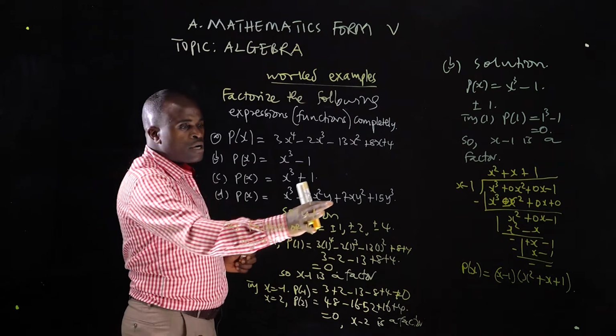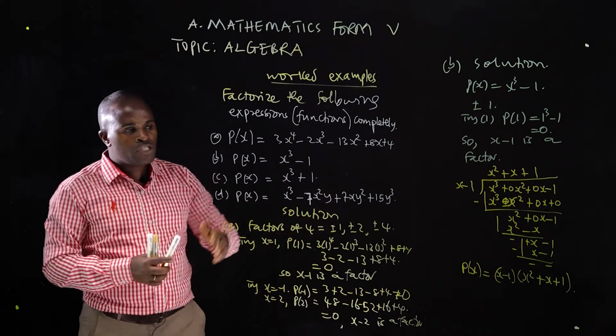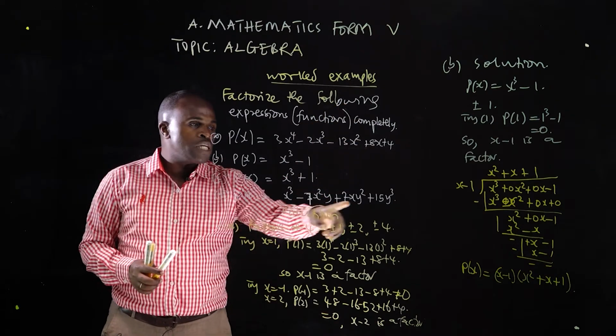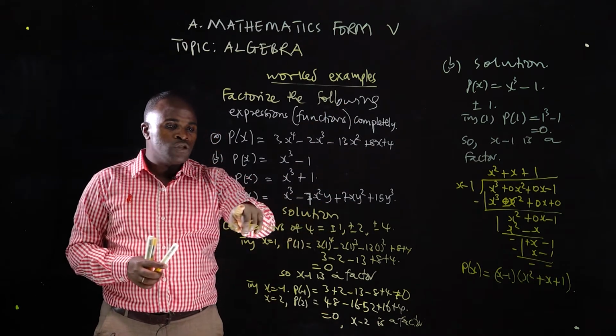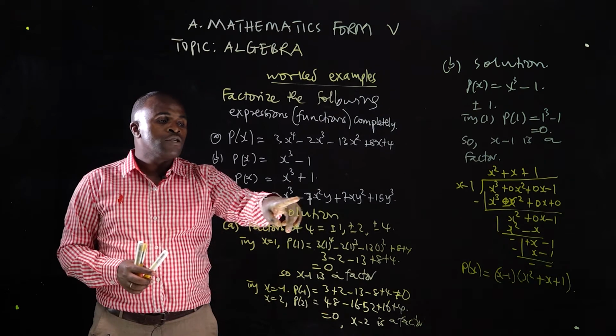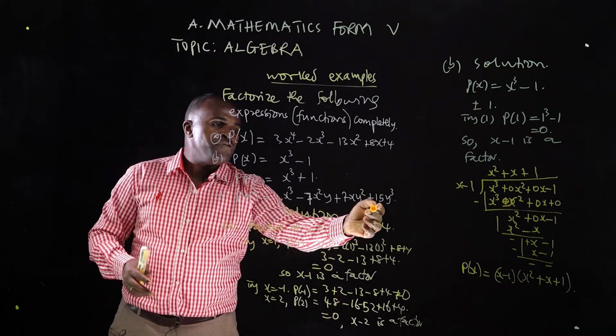the constant term of D. When you take this as a polynomial about x, the constant term becomes 15y cubed.